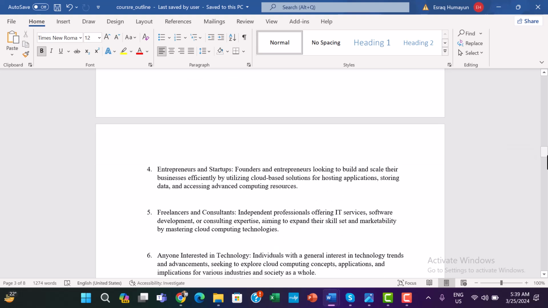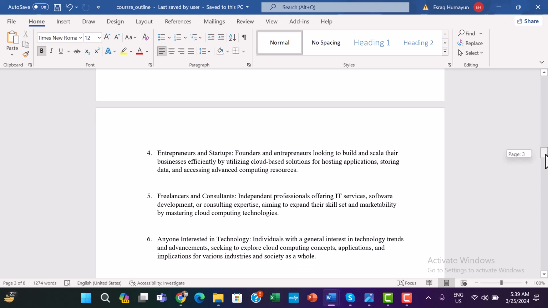Entrepreneurs and startup companies must use cloud computing because it gives you the minimum cost for development and other things. Freelancers and consultants must know it, because buying cPanel or hosting for each and every project becomes difficult. But if you have an AWS account or Azure account, you can create your own server and host your own application.